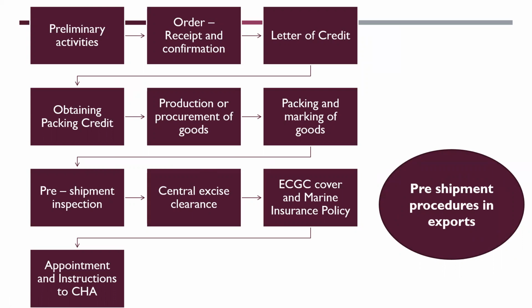So it is the duty of the exporter to instruct him and make him understand, to give him an idea of what all activities were carried out beforehand and how things have been taken forward. Okay? So this was the first part of your export procedure.